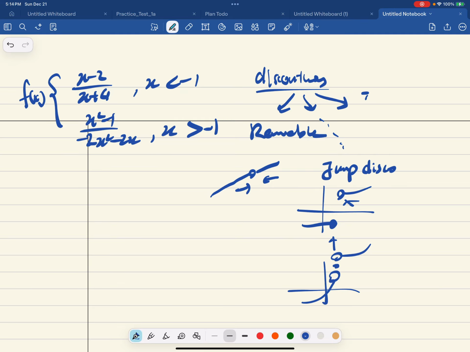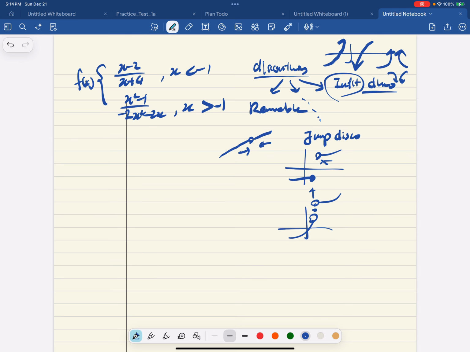And the last one is the infinite discontinuity, when there is an asymptote. It goes infinitely positive or infinitely negative. Both could go infinitely positive, or both infinitely negative. It does not matter.